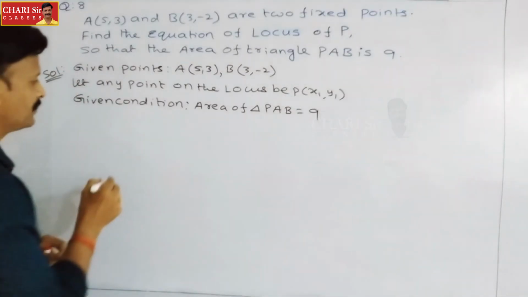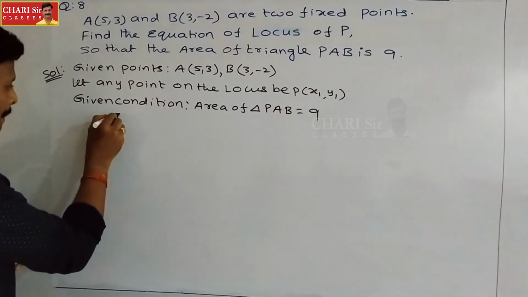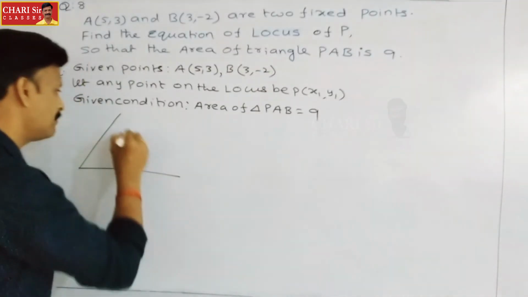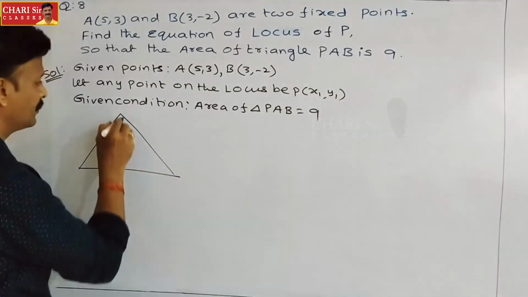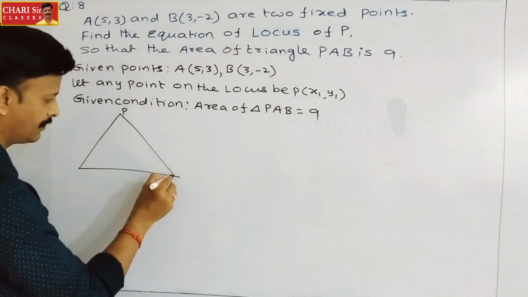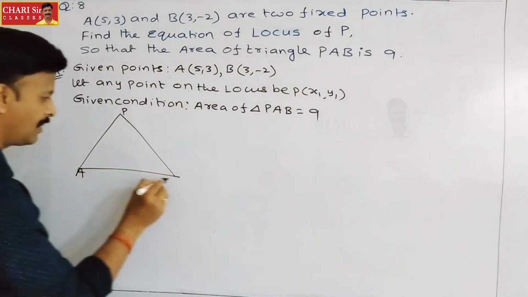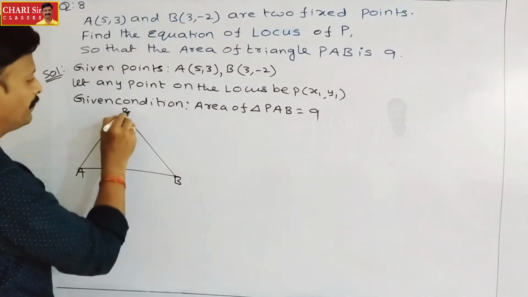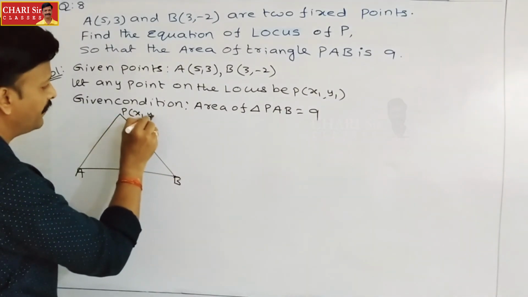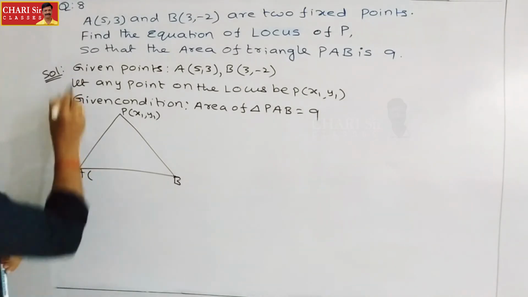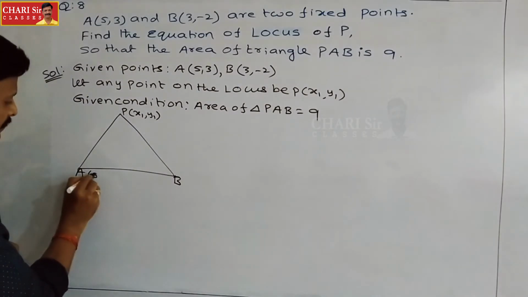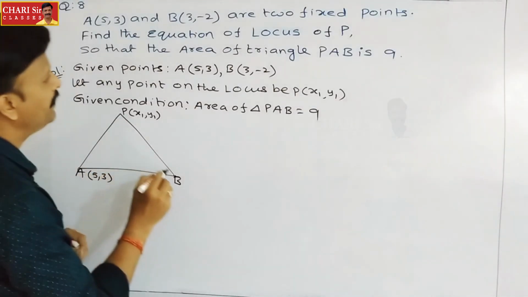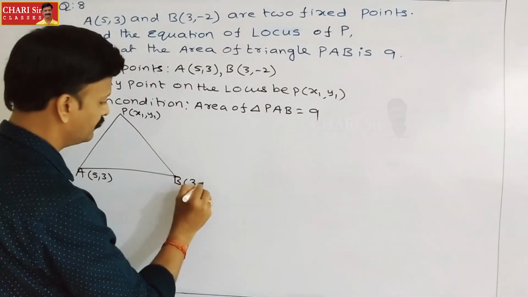Now we try to draw the triangle here. Some triangle it is. So this is P, this is A and B. P we have taken as (x1, y1). Let's write down A is (5, 3), and B is (3, -2).